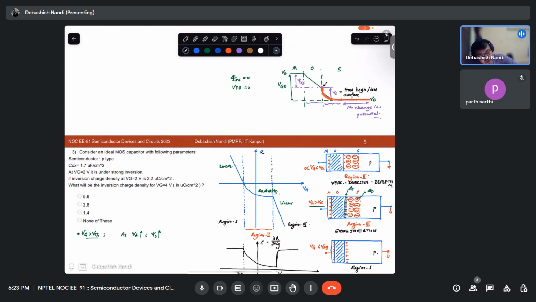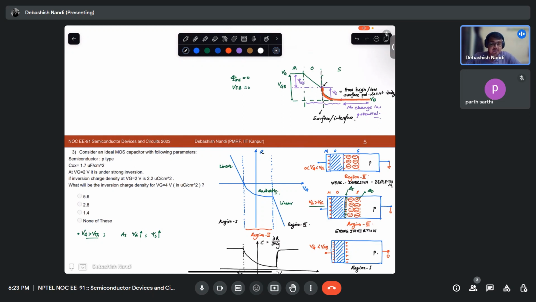What do you mean by surface or interface? This thing, this interface, is what we mean by surface or interface. How high or low the surface potential is with respect to body or bulk, that is called your surface potential, or psi s.